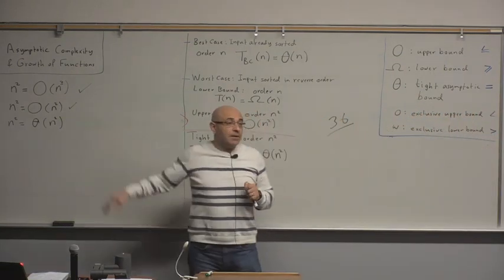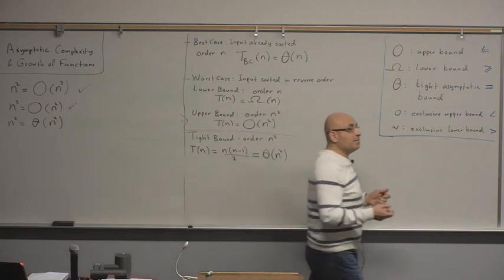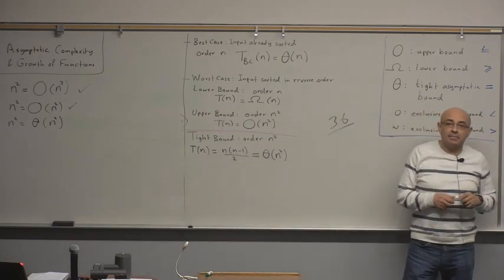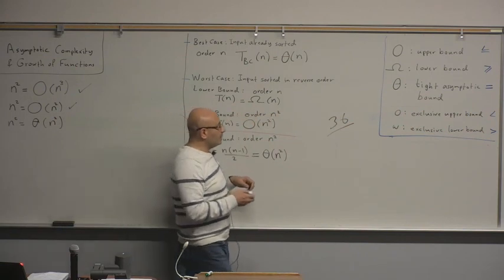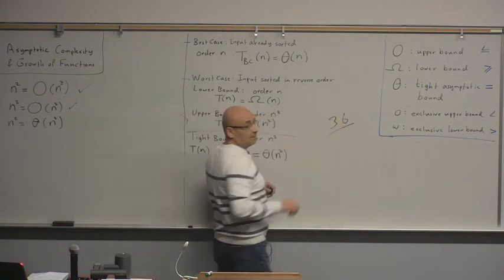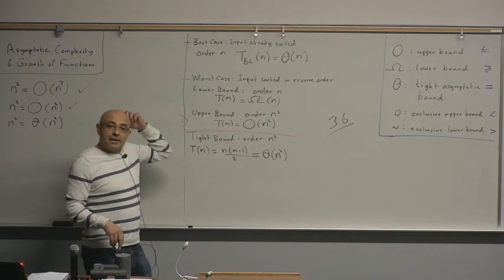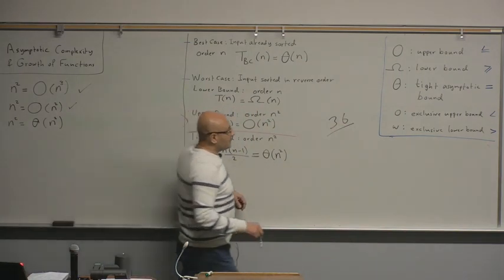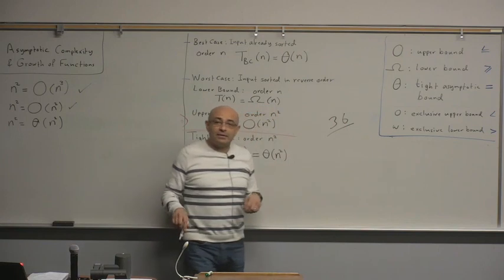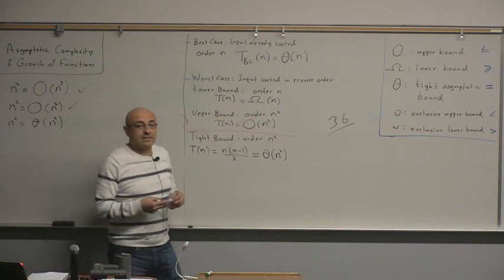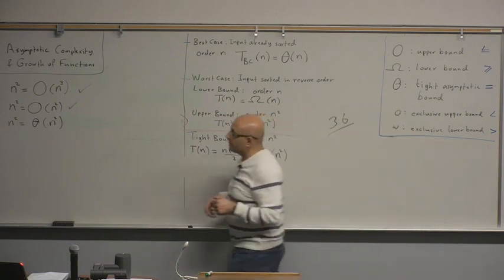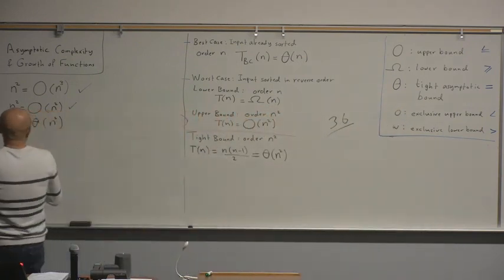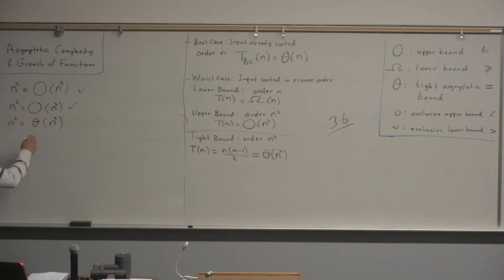So when people use big O when they should use big theta, it's like asking about a number, whether it's the age or the price, and someone tells you this thing is $100 or less, but it's in fact $100. Okay, so this is what it means.